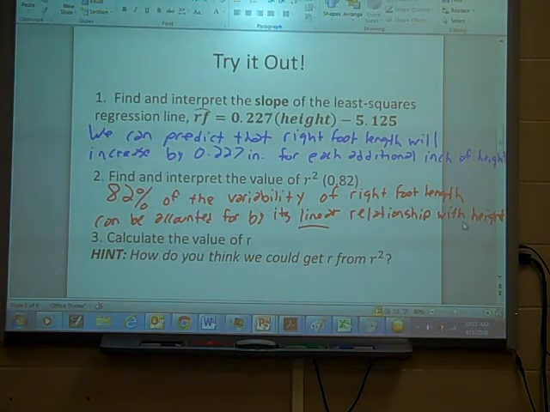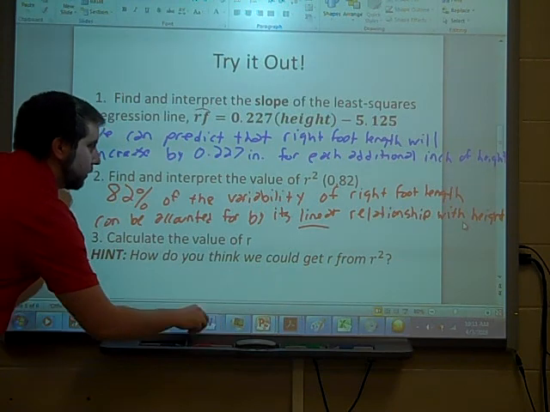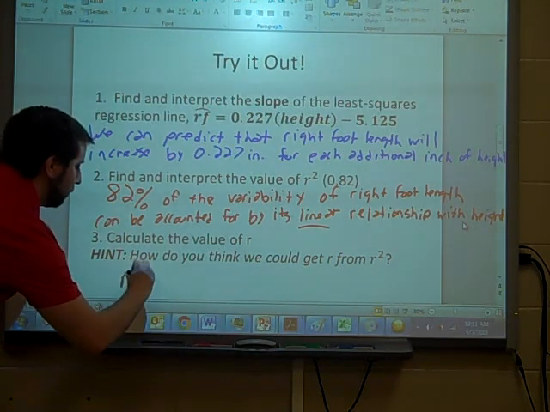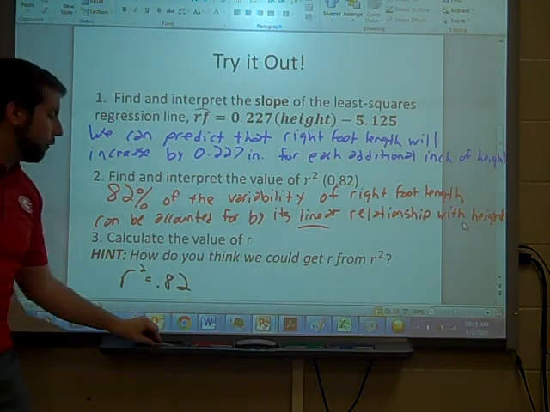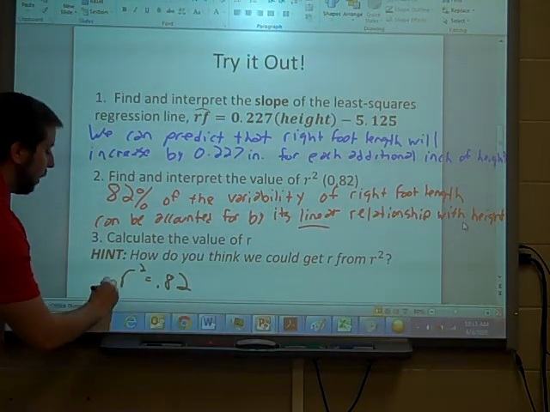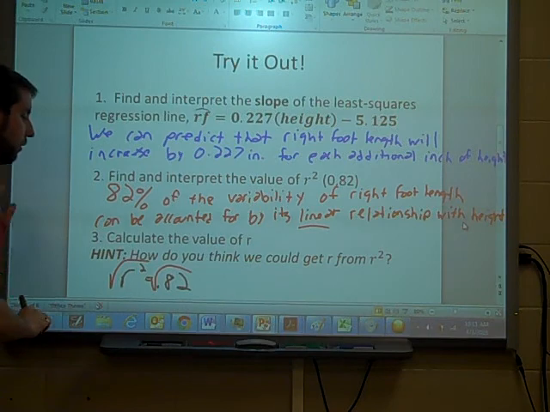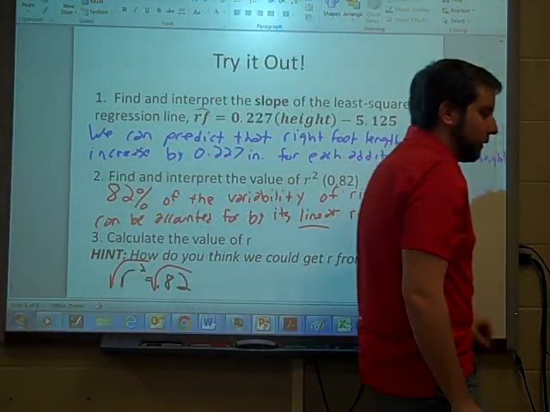And then number 3, calculate the value of r. Well, if r squared is 0.82, it should be obvious what we do here: take the square root. So square root of 0.82, well, let's find what that is.